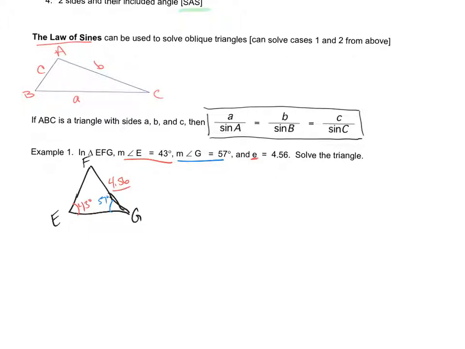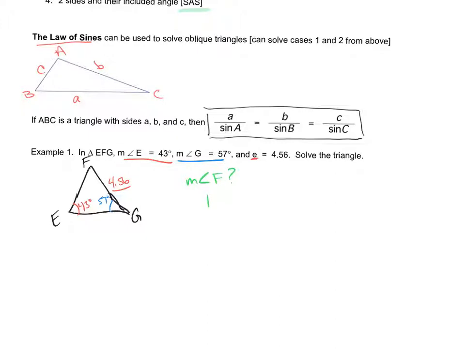We're going to solve the triangle, so we are going to find our third angle, and we're going to find the length of the other two sides. So the easiest thing to start with is we want to know what is the measure of angle F. Well, we know the total angles inside a triangle add up to be 180 degrees.